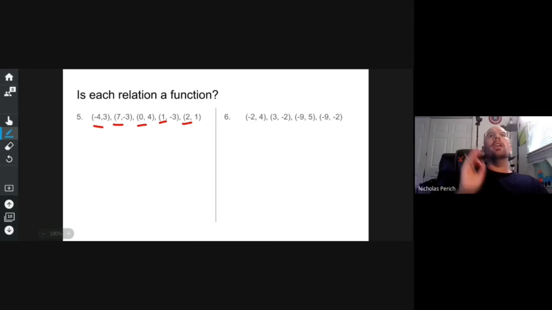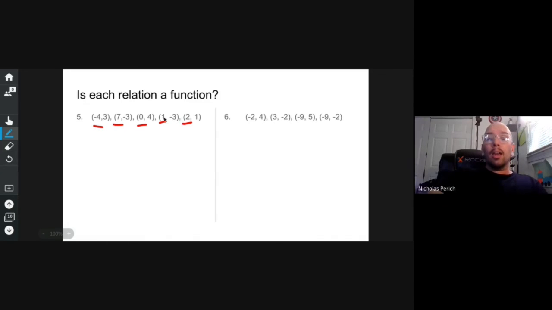A function is a function if each x is only used once. So I have -4. Is the x value -4 used again? No. Is 7 used again as an x? No. Is 0 used again as an x? No. Is 1 used again as an x? Now, before you say yes, this one over here is a y. The x's can't repeat.